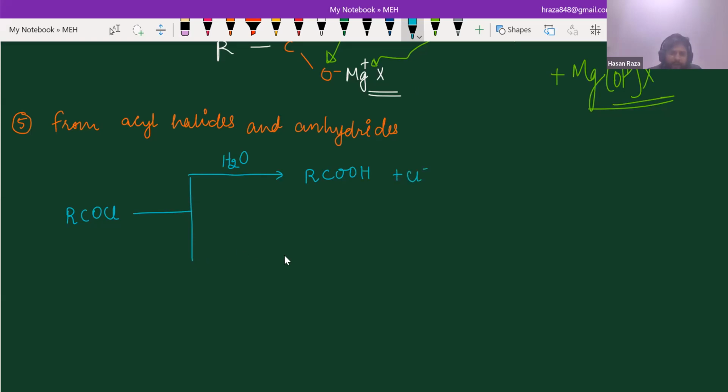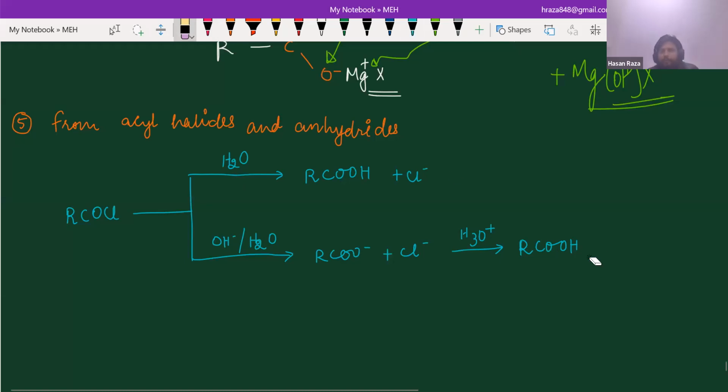And in the second method, you are going to do the hydrolysis in the presence of base, then you will get RCOO minus, carboxylic anion, plus Cl minus. After this, you are going to do the hydrolysis in the presence of H plus. Then H plus will connect with this carboxylic anion, and you will get carboxylic acid. So please do write it.